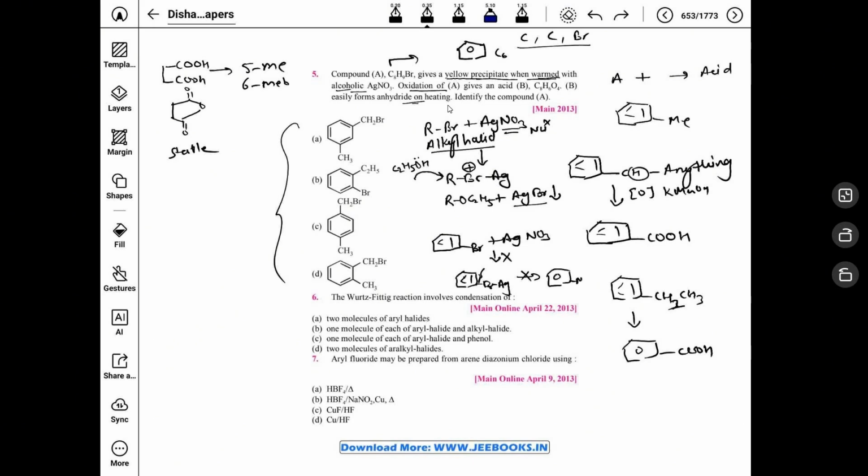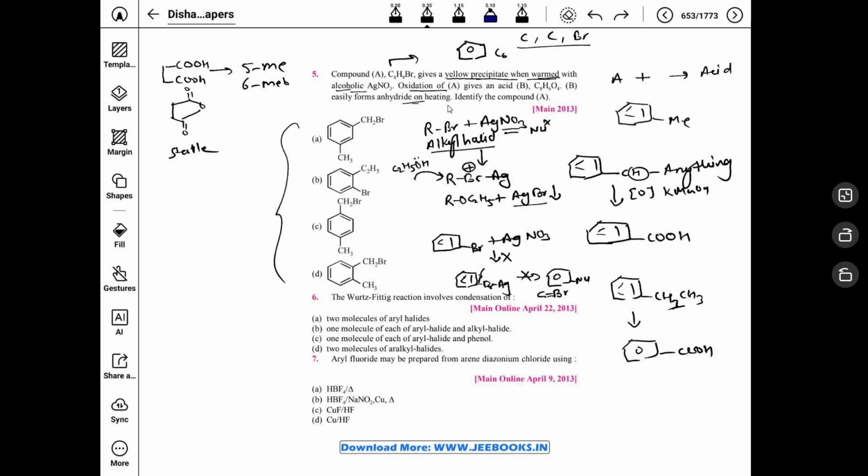Formation of this is difficult because we know that carbon-halogen has partial double bond character, therefore it is difficult to break. It means if the halogen is directly attached to the benzene ring, it is difficult to break.